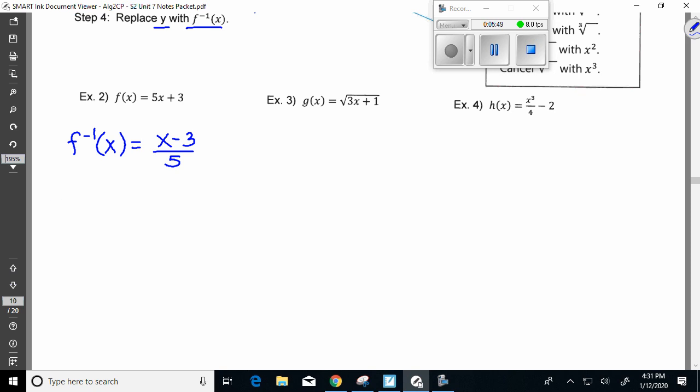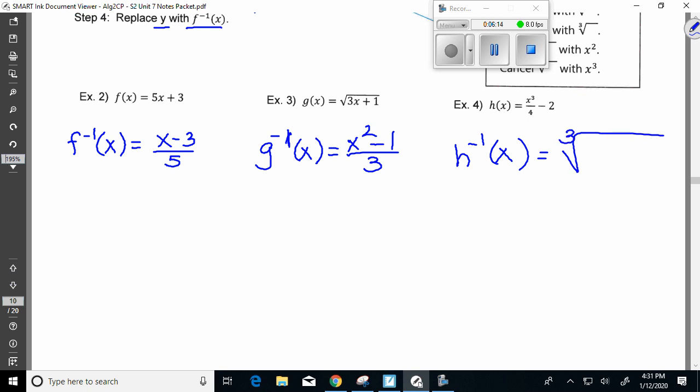For example 3, the inverse function was g inverse of x equal to x squared minus 1 divided by 3. Last but not least, example 4, h inverse is equal to the cube root of 4 parentheses x plus 2.